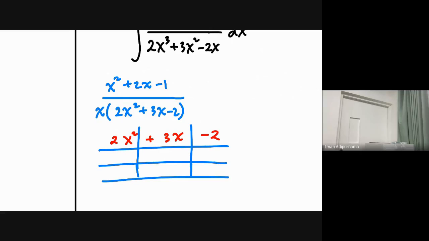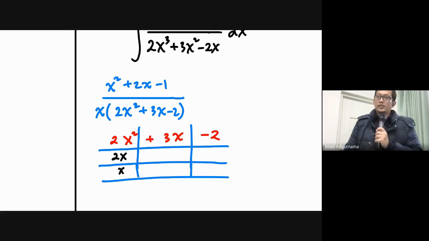If you can do factorization in your mind and faster, that's better. But if you still have a problem and need more time, you can draw a table and put variables so that when you multiply the left part you get 2x squared, and when you multiply the constants you get negative 2.